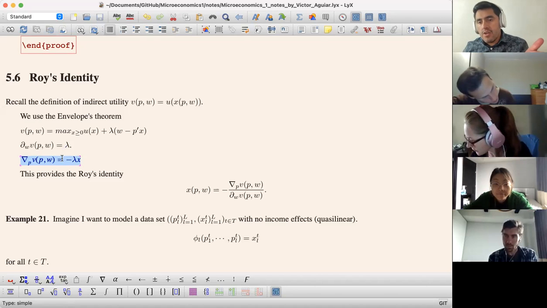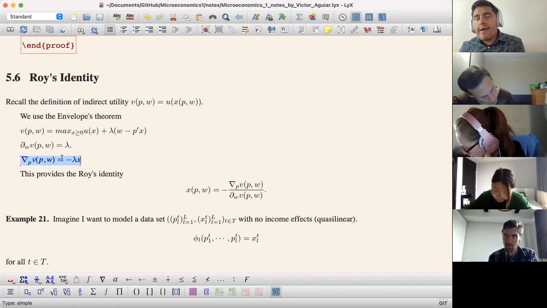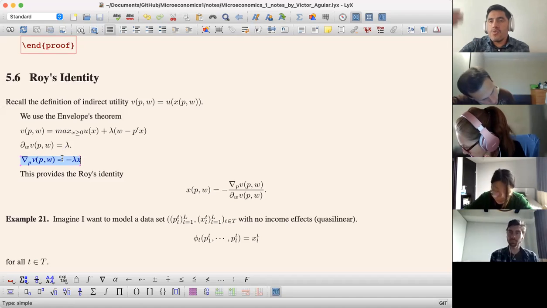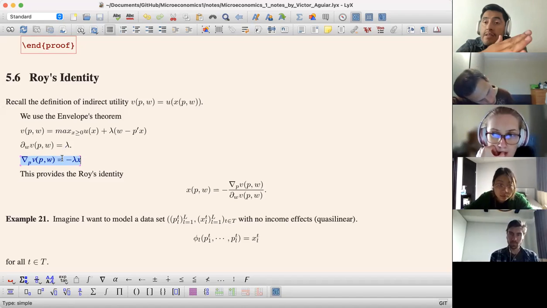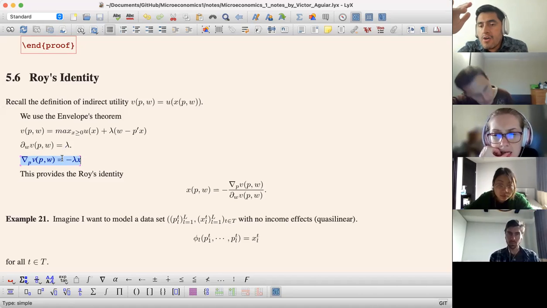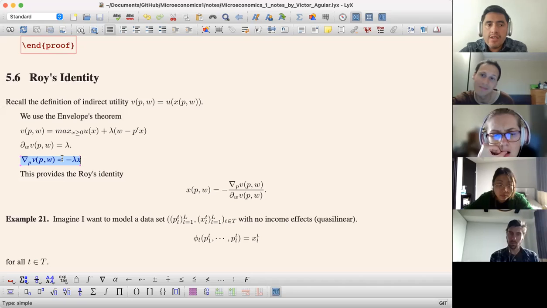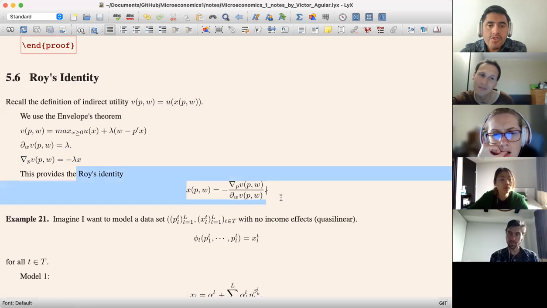So here you see the reason. Now, why are these two results stated separately? Well, this is a way to prove statement 2 in the previous proposition. But right now, Roy's identity is even more powerful. We're going to get more out of the envelope theorem. And essentially the punchline of this part is this result.